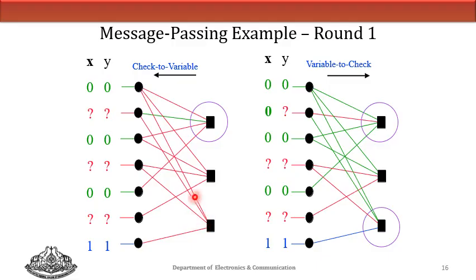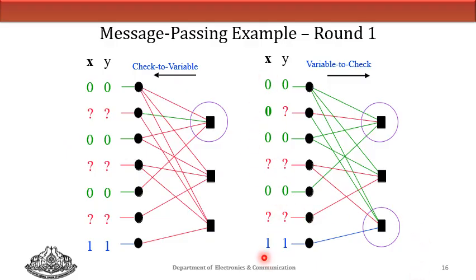So when this check node tries to send the message to this variable node, that will be erasure because the other one of the incoming edges is having erasure. So this is erasure only.